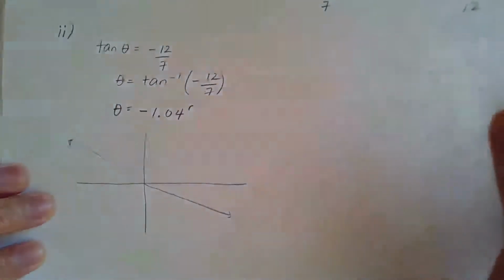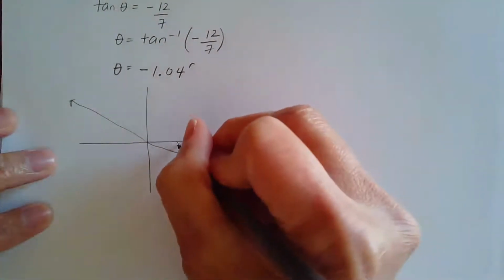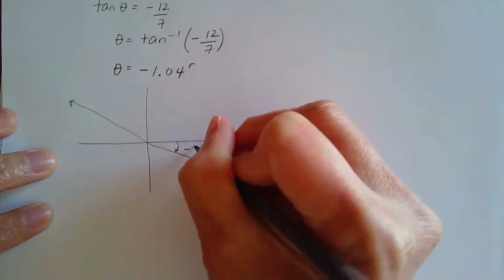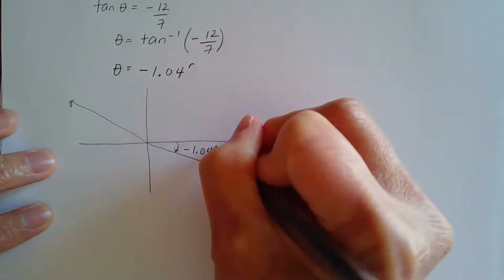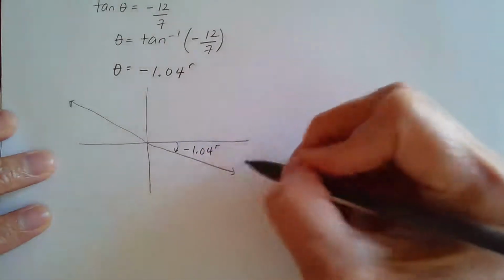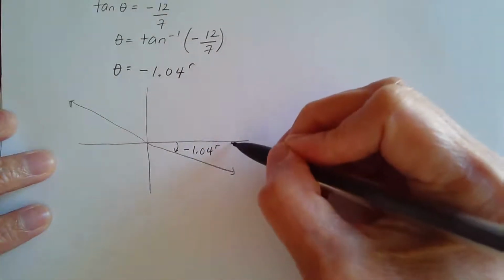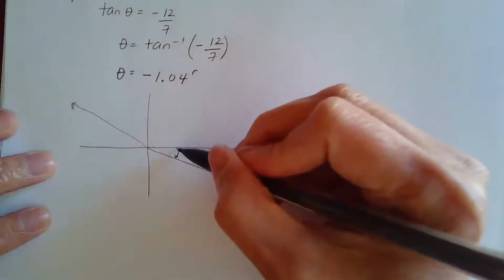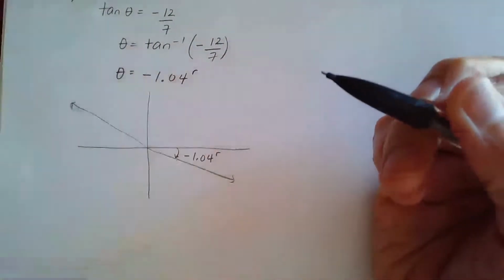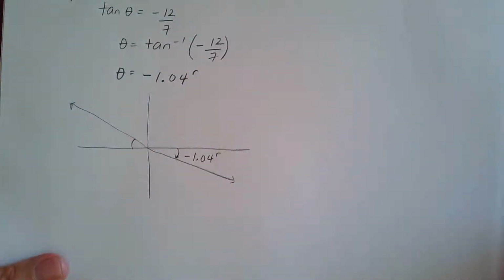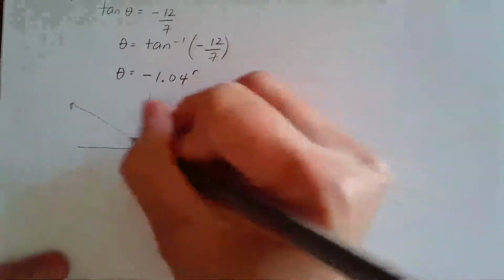Our calculator is telling us this is negative 1.04. That's our angle. If this is negative 1.04, then because we're turning this way, our reference angle will be 1.04 as well up here.